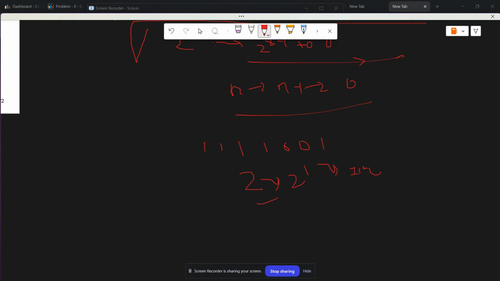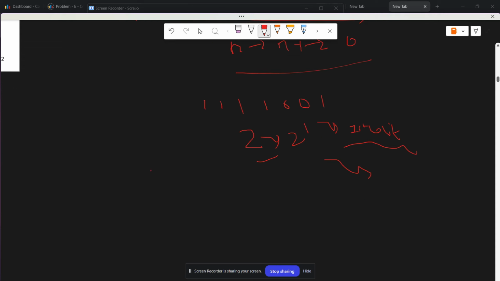For any power of 2, suppose there is a number n. In its binary representation, if I divide that number by the ith power of 2, then the remainder will be nothing else but the binary representation of the ith to first bit.